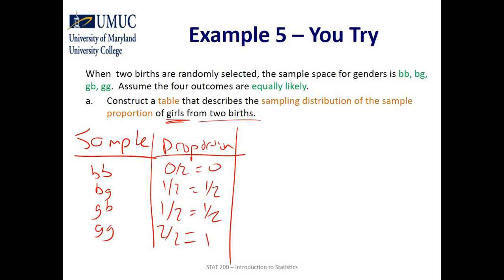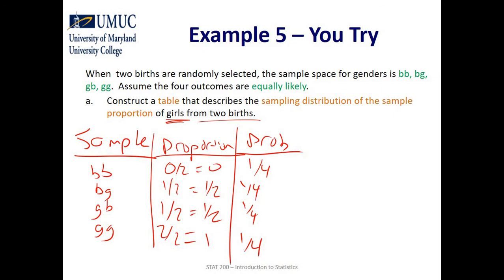We said that the probability of each outcome is equally likely, so this is 1/4, 1/4, 1/4, 1/4. Okay? So that's the first step. Now I want you to look at the proportions.